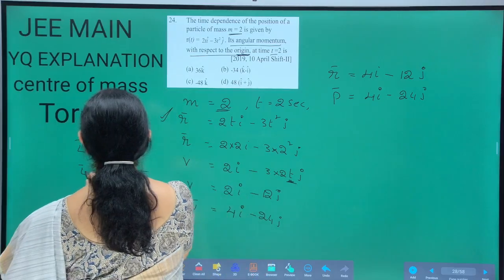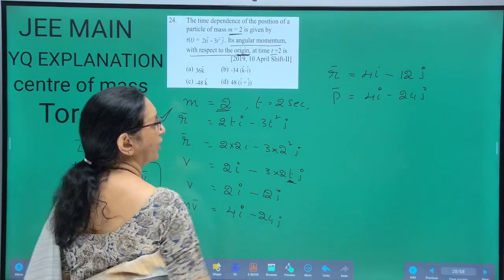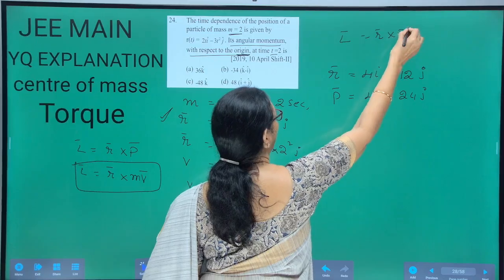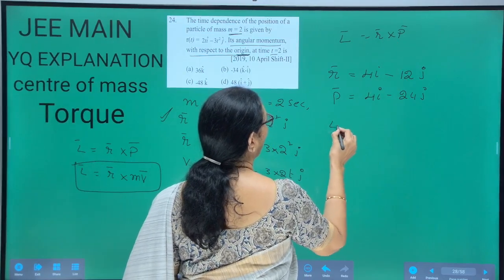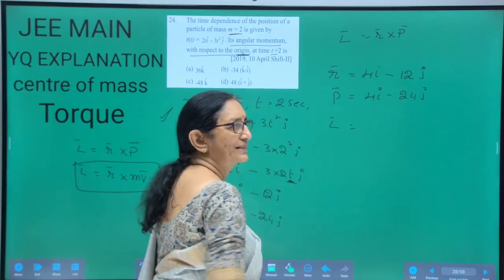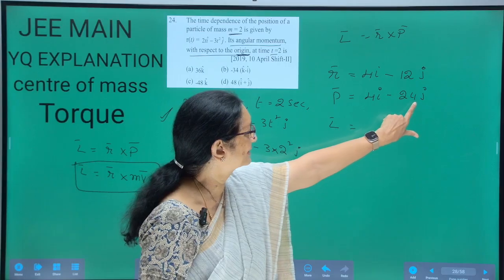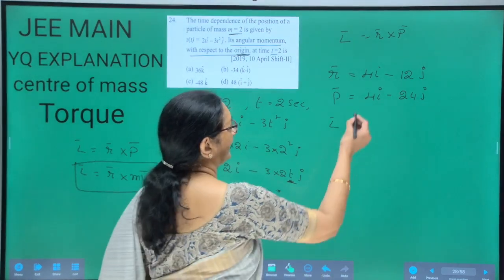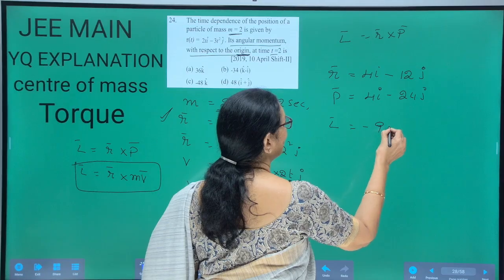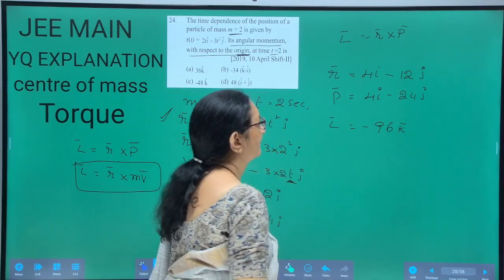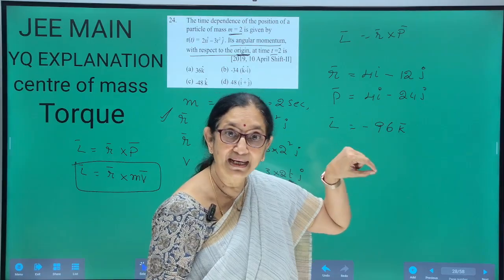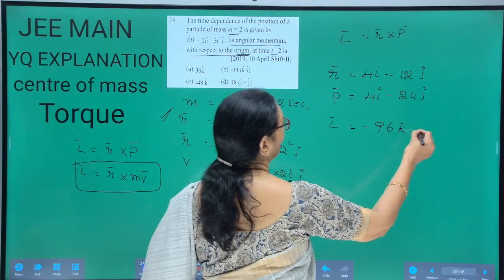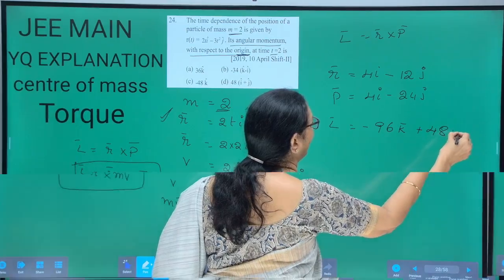So, angular momentum L bar is equal to r bar cross p bar. If you take the cross product, i cross i is 0, i cross j is k, but there is a minus sign, so it becomes minus k. 4 24s are 96, minus 96 k bar. j cross i is minus k, minus of minus becomes plus, so 4 12s are 48, which becomes 48 k bar.